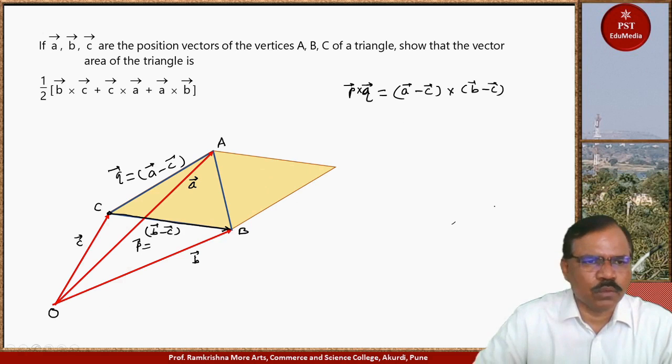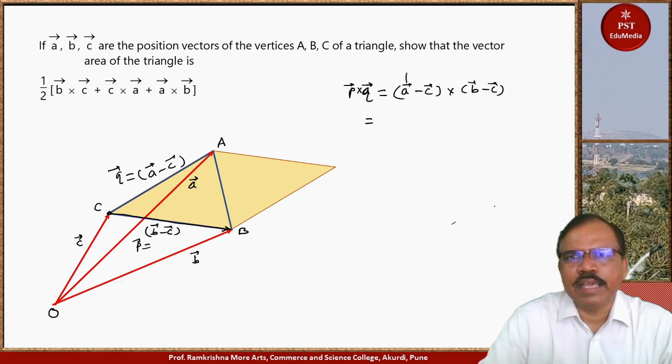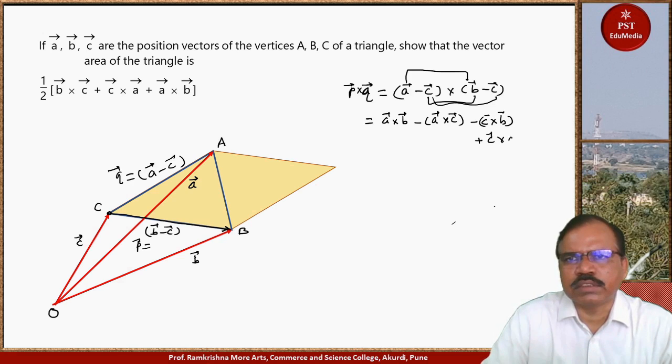You can take here A cross B, and now A cross C but with minus sign, so minus A cross C. Then C with this and C with this, so minus C cross B, minus minus plus C cross C. Now C cross C is 0.